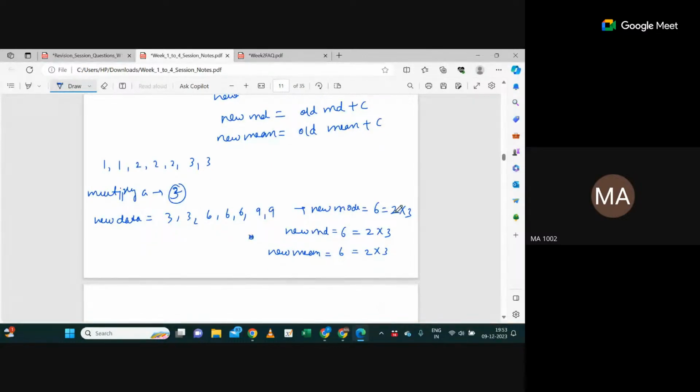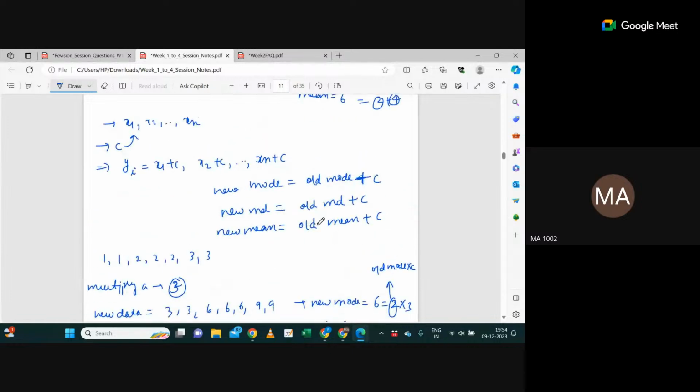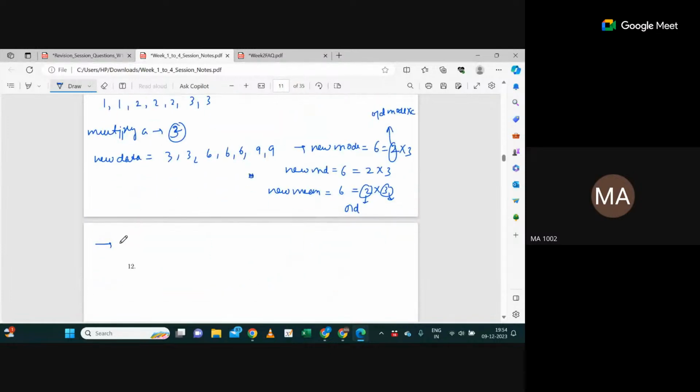So now, what is this 2? This 2 is nothing but the mode of the old data set into the constant. Same here, the mean of the old data set into the constant. So in general, whenever I multiply by a constant C to all the observations of my old data set x1, x2, let's say xn, then the new mode will be old mode into that constant.